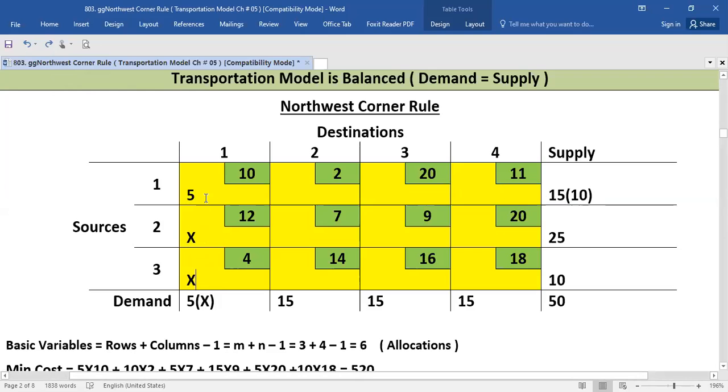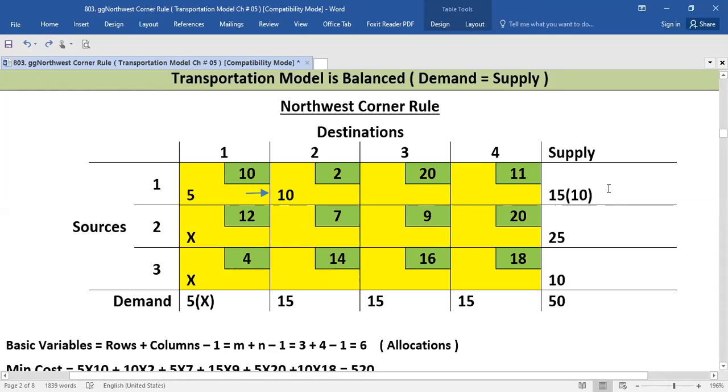And now for the next allocation, there is no room in these cells. You will make the allocation in the next adjacent cell. In the next, you will move to the right for your next allocation. So you will put an arrow. And why I have put 10 here?